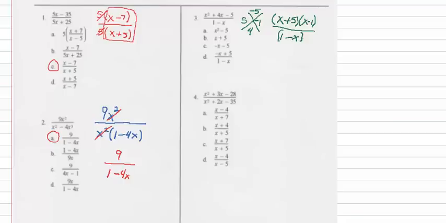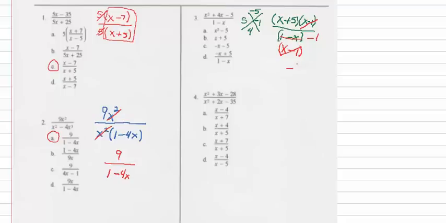I have opposites. So I'm going to make sure that I multiply this by a negative 1, because when I multiply negative 1 times a positive 1, I get a negative 1. Negative 1 times a negative x is a positive x. Now, I'm not using this anymore. I have these two. Will these two cancel? And they will.